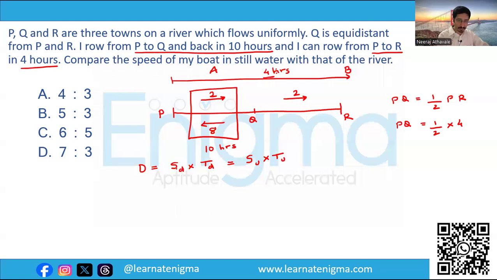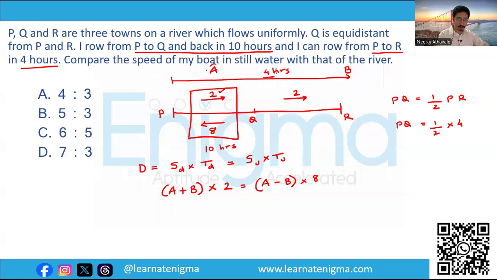Now downstream speed is nothing but A plus B. And in this particular question, PQ downstream time is 2. So A plus B into 2 is equal to, now upstream speed is A minus B, and the upstream time here is 8 hours, so into 8.